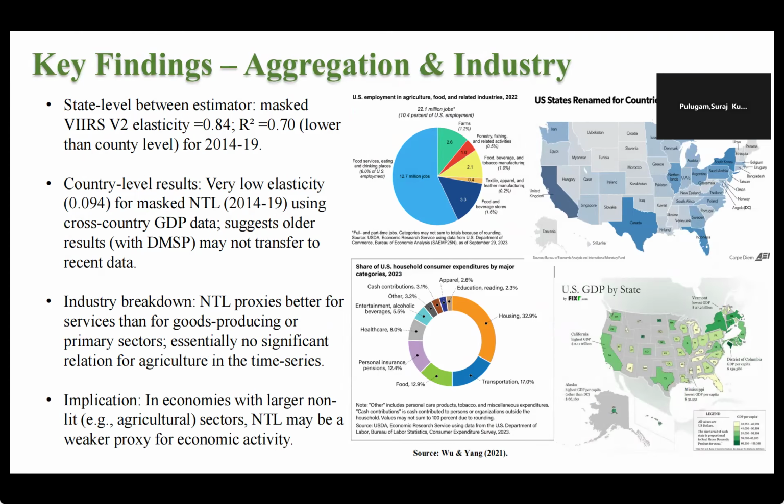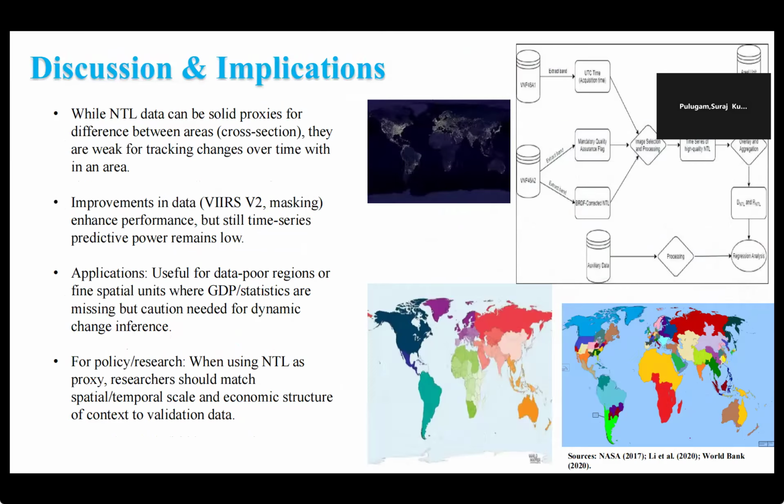When we break it down by industries, services show a higher correlation with nightlight intensity than goods producing or agriculture sectors, which is the main reason this research negates the agriculture sector, which is very important. This chart also shows that service-based economies produce more light at night while agriculture areas remain dark despite their economic activity.